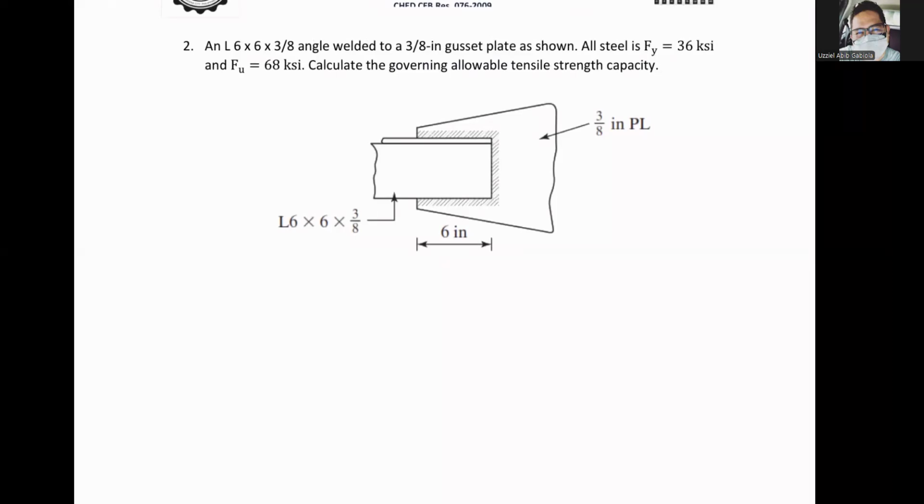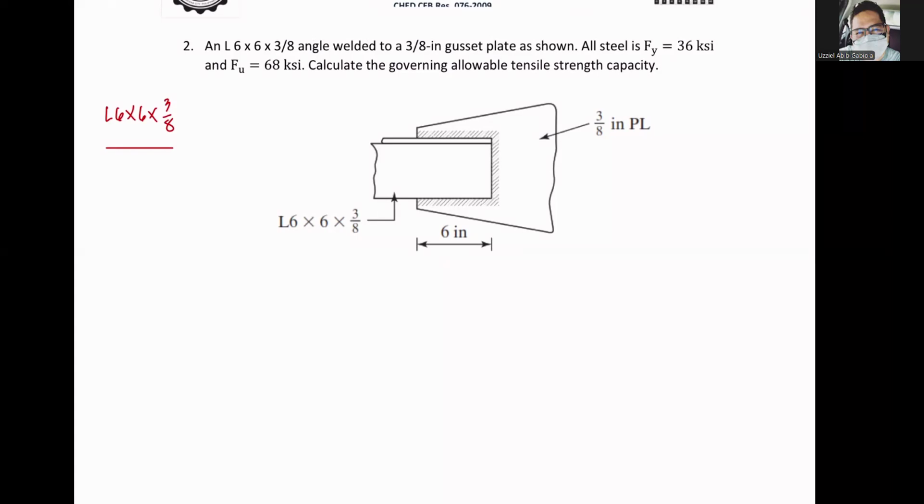Okay, so again, our section is an L6 by 6 by 3/8, and then we have a 3/8 inch thick plate. Both thicknesses of the plate and the L shape are the same, so it will not be a problem.